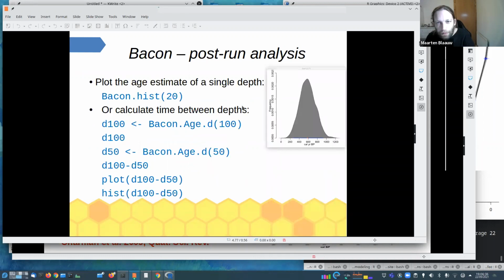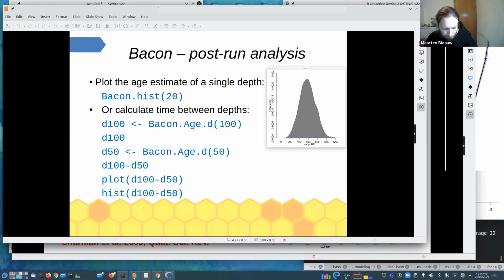We don't want to go on too much, but say producing an age model, that's one step, but things become interesting once you actually have your age model and then want to interpret it and query it. And R is really helpful there, because your age model output will be in R's memory, and you can start asking questions.